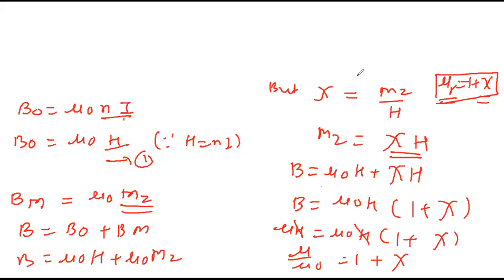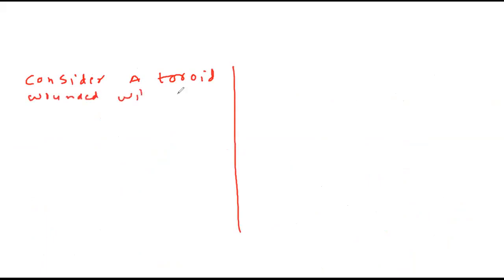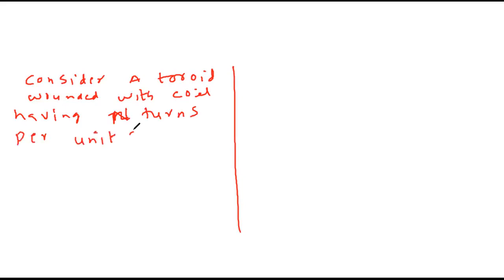Consider a toroid bounded with a coil having n turns per unit circumference, bracket small n.